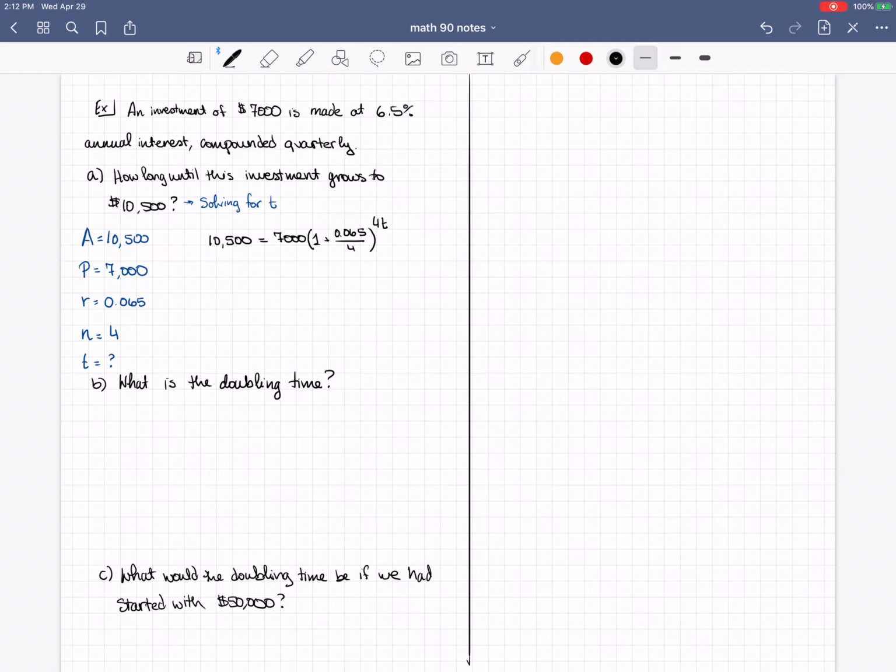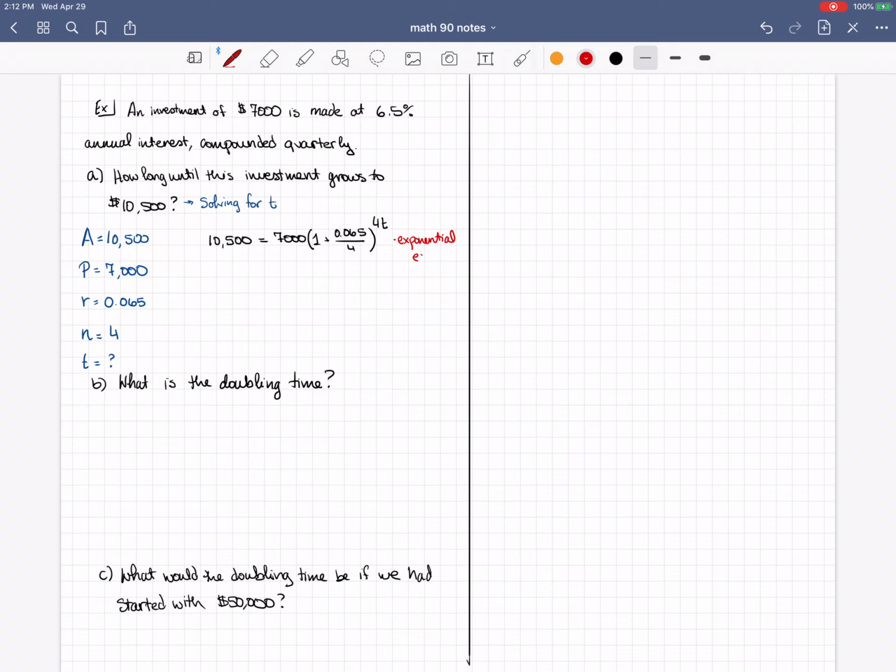So the thing that's really important here, in fact, I'm going to write it in red. In the previous lesson, we did an example, and it was basically plug and chug. It was basically evaluation. Here, we're actually solving an exponential equation.